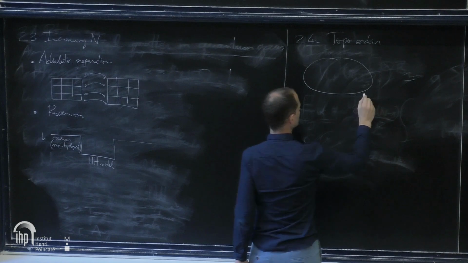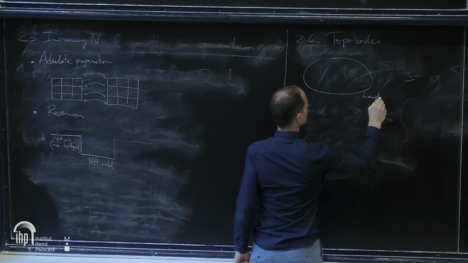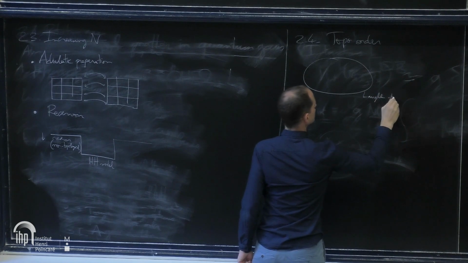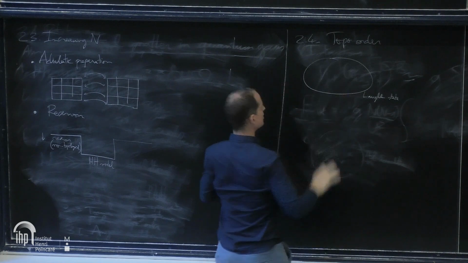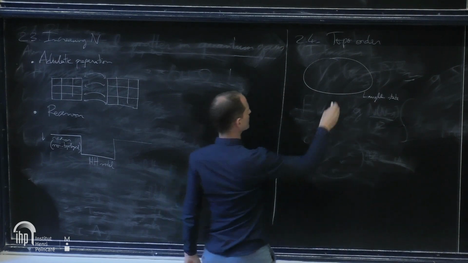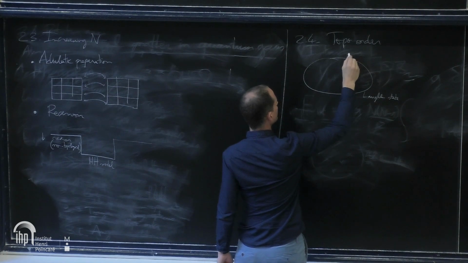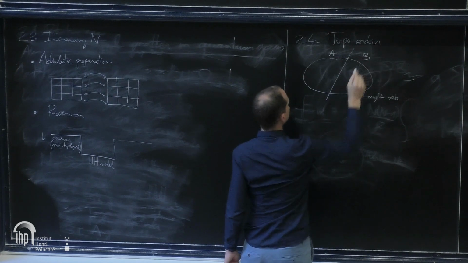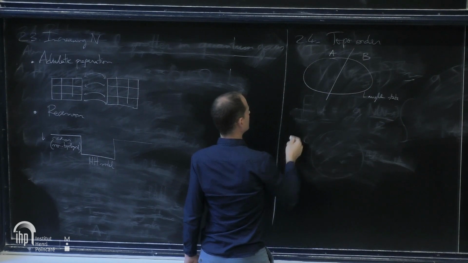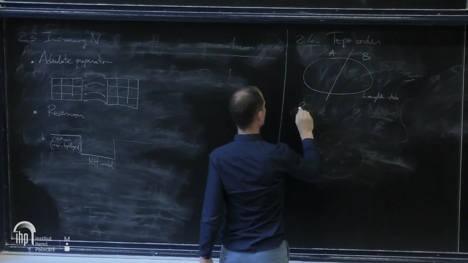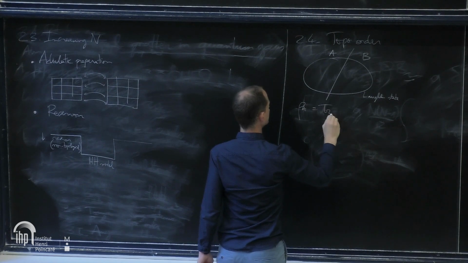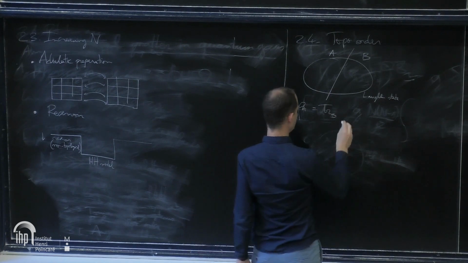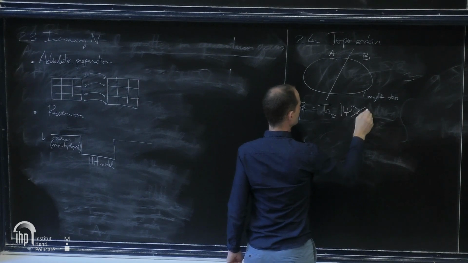So imagine that you have a Laughlin state. So this sort of liquid drop here, and that you cut the system in two parts. One part A, one part B. And then you consider the reduced system rho A by tracing over B your macroscopic wave function psi.